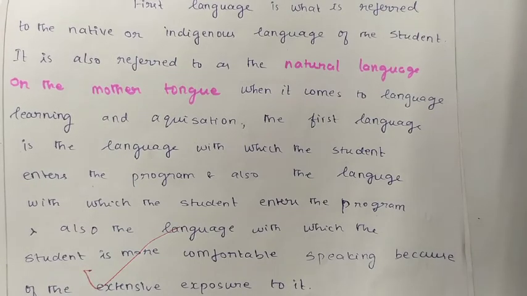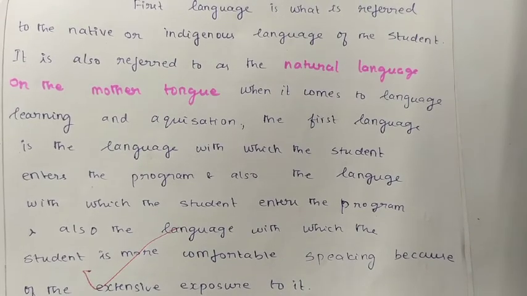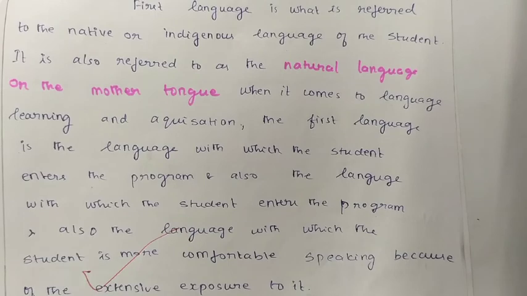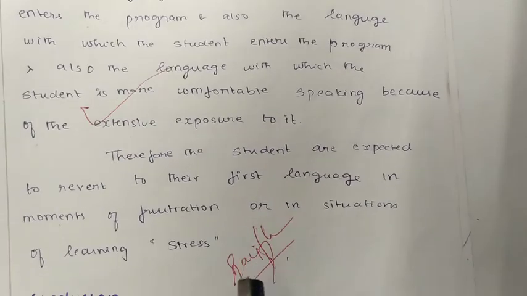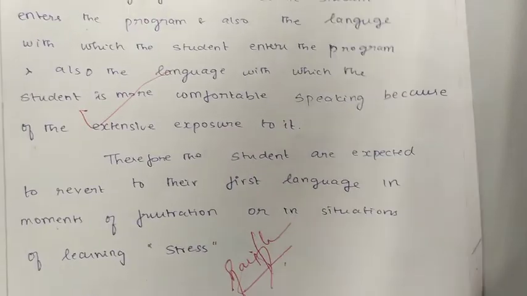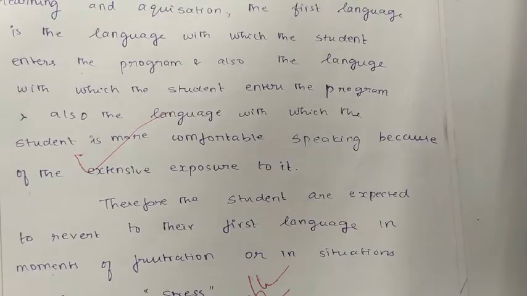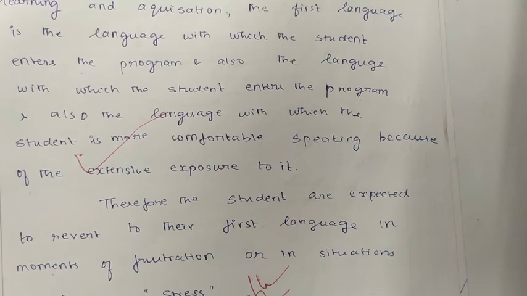After that the students go on to second language acquisition, right? Therefore the students are expected to revert to their first language in a moment of frustration or in a situation of learning stress. Suppose a student feels some stress or frustration, then automatically the first language will come, because that is the natural language, right? That is the first language.